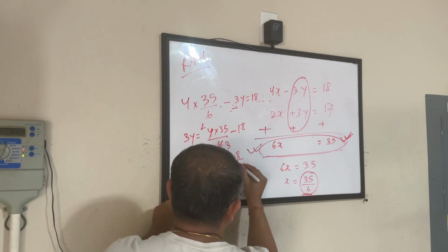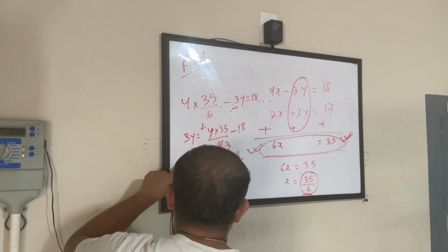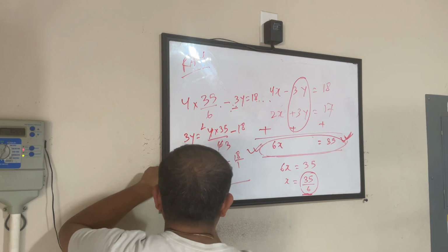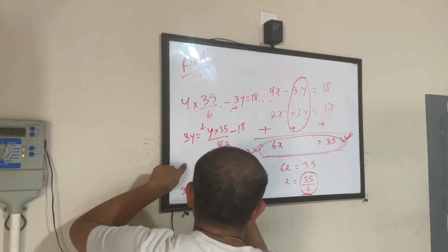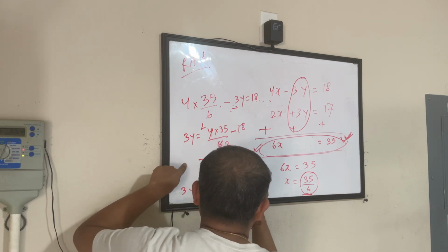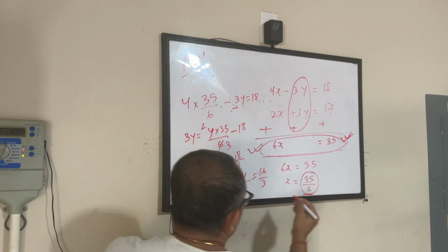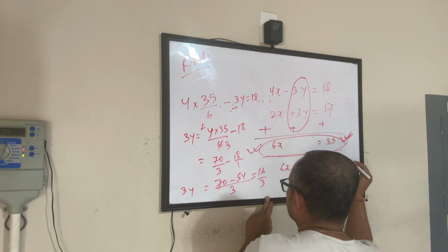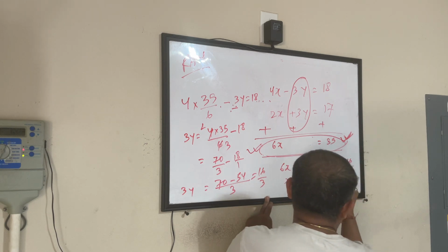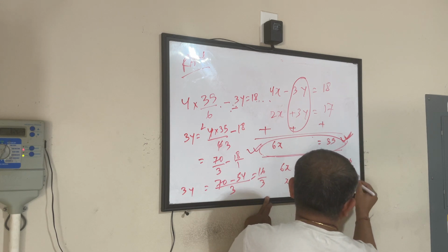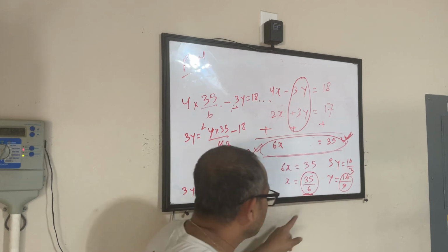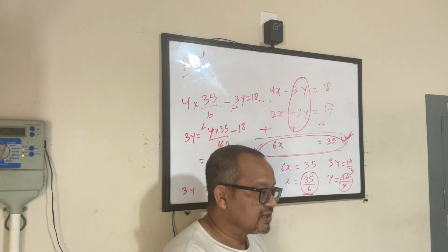Now you guys know how to do fraction subtraction. So this is 70 minus 18 times 3, which is 54, so 16 by 3. So you got 3y equal to 16 by 3. So y becomes 16 by 9. So the value of y is 16 by 9, x is 35 by 6.